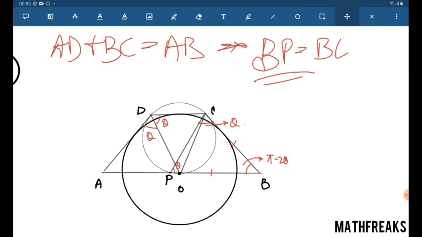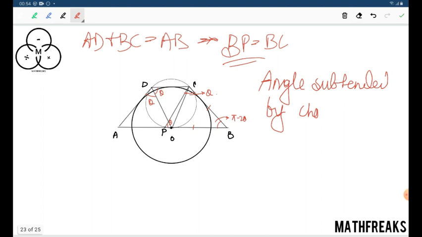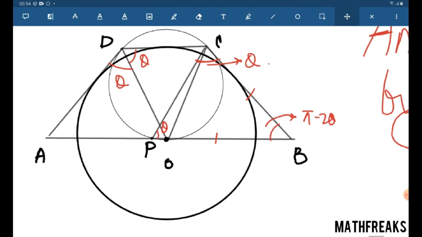Let me write a simple statement. Here the fundamental is the angle subtended by chord CO. Let me just re-explain this.